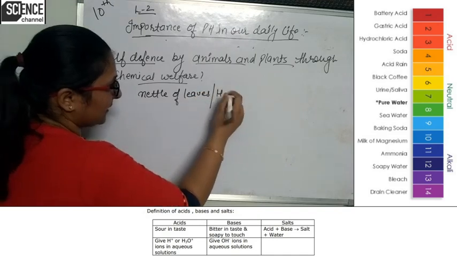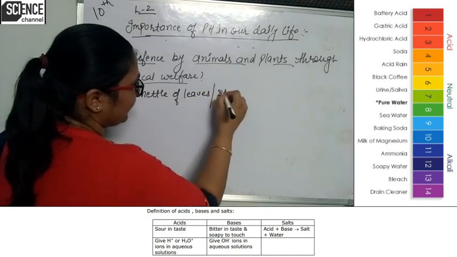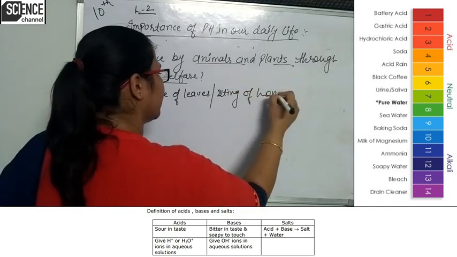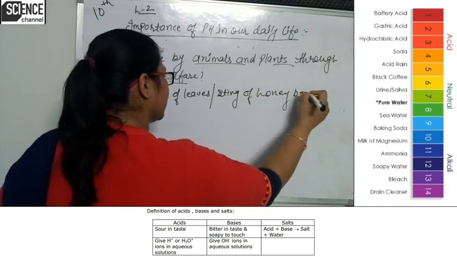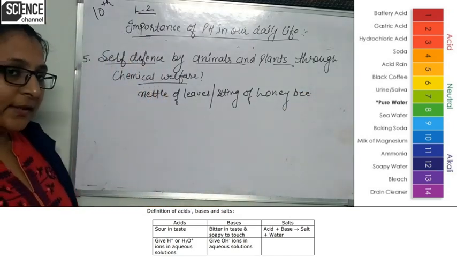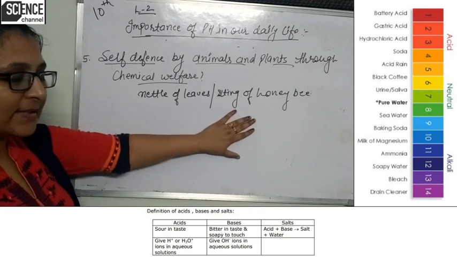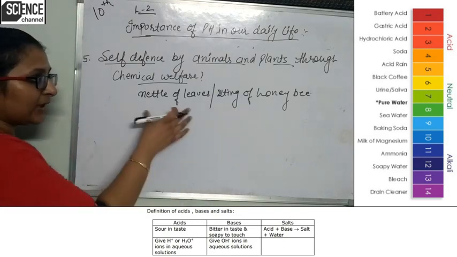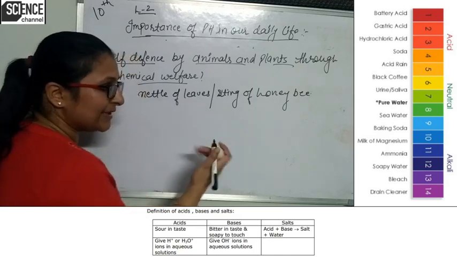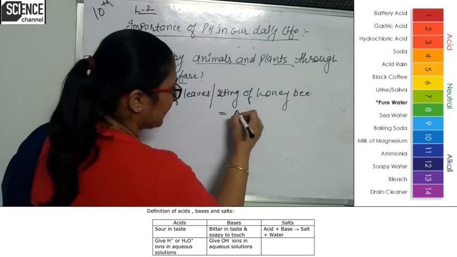or the sting of a honeybee: if any leaf stings you or any honeybee stings you, then in the nettle of a leaf and the sting of a honeybee, an acid is present. Which acid is present?